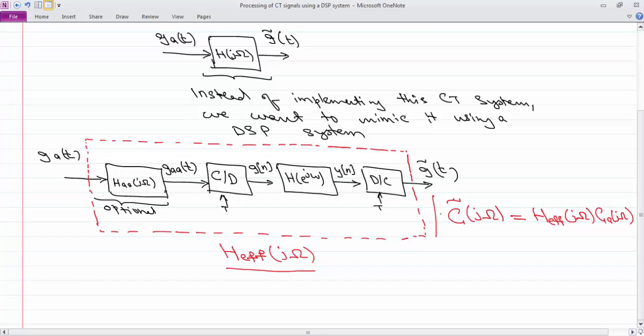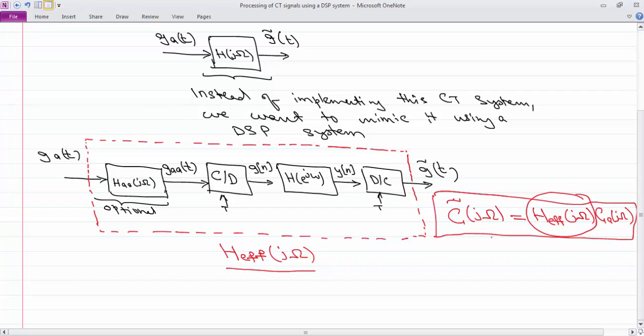If your input-output relation can be written like this, where this may be a function of many things. This will be a function of your T and other factors.